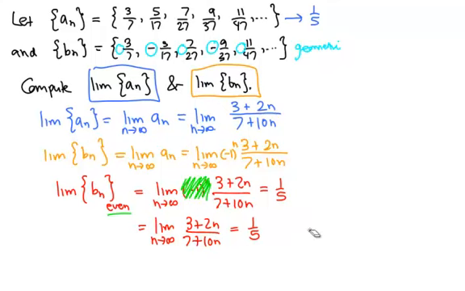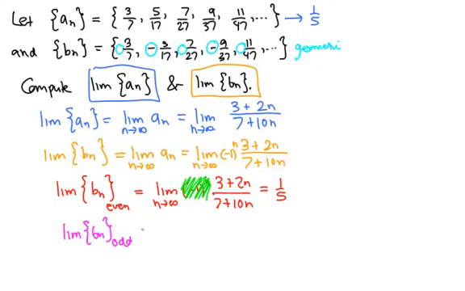What about the odd terms? If I took a look at the limit of the sequence bn, but I focused only on the odd terms, that would be the limit as n goes to infinity. Again, every single term looks like -1 to the n, 3 plus 2n over 7 plus 10n. But now, on the assumption that each one of these terms is odd, then -1 to the n is actually just always -1.